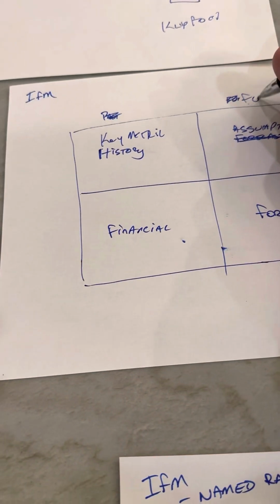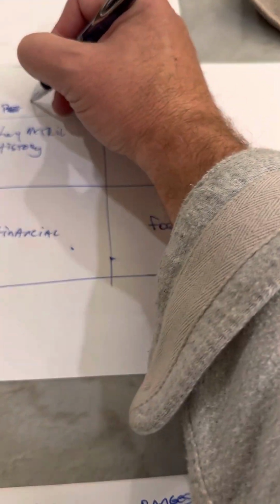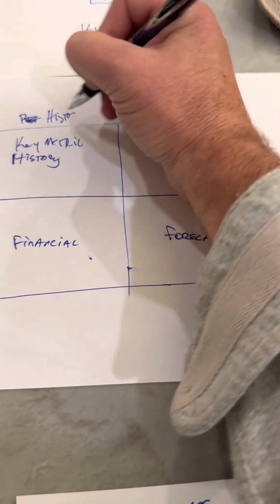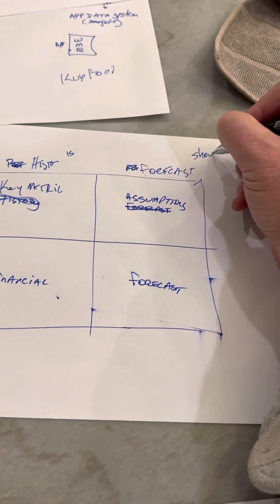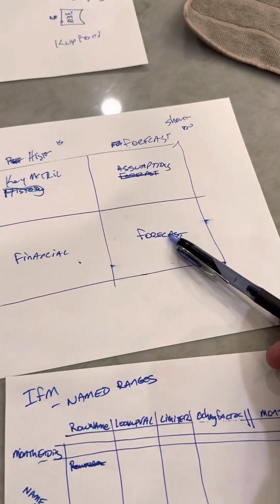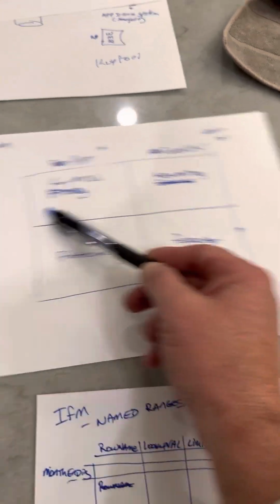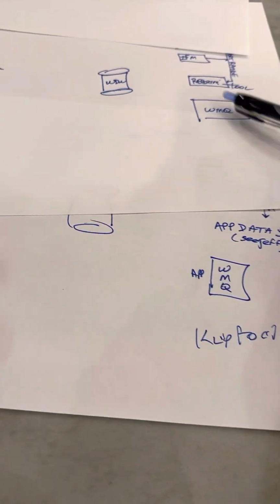This is the forecast and this is history. And this is what should be. So this is the financials, and then this is the forecast driven by the assumptions, and you'll see those trends. And so this can plot all of the key metrics that are up here.